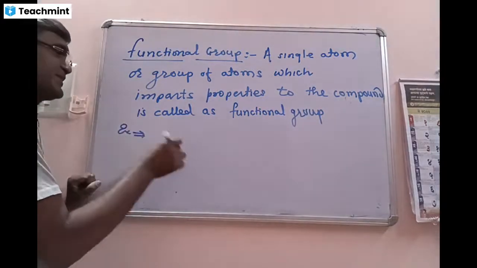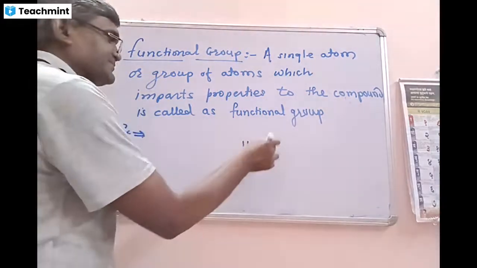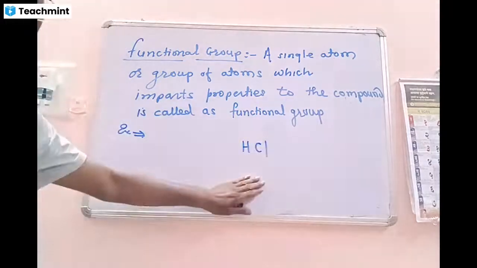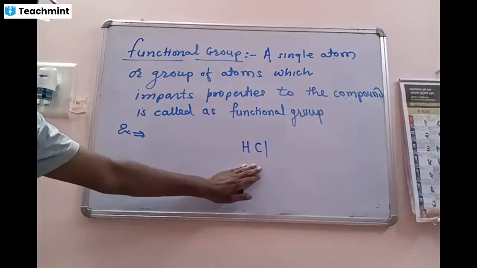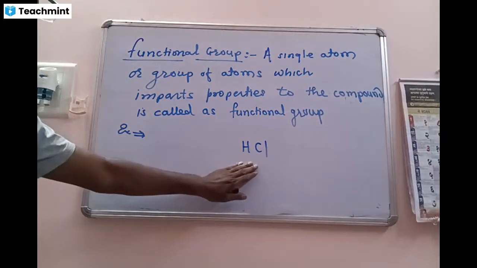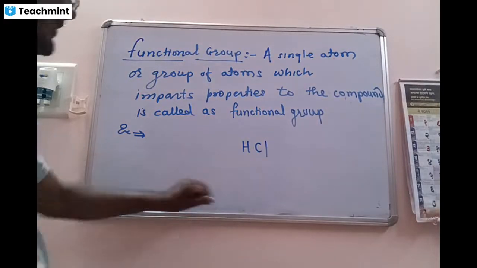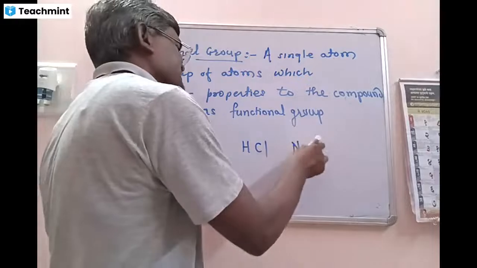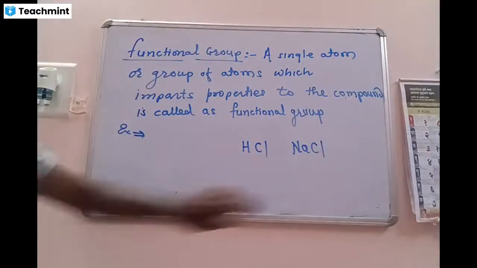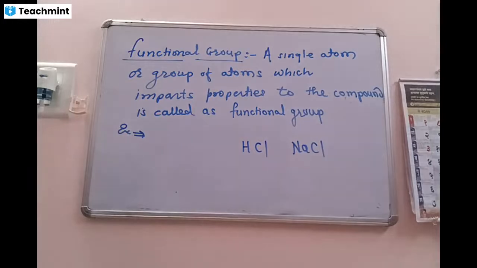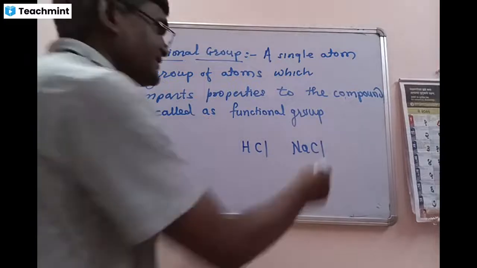Example की तौर पर लेते हैं. If a compound contains, you know this one, this is not an organic compound, but just you know this one. What is the name? Hydrochloric acid. Okay, ठीक है. What about this? Table salt. Sodium chloride.